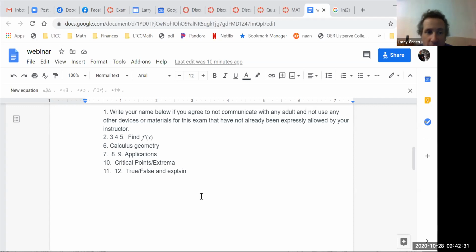So one of those 2, 3, 4, and 5 is going to be an implicit differentiation problem. And that's when you have x's and y's on the same side of the equation. You usually can't solve for x and y, but you know how to do it by taking the derivative of every term. And don't forget product rule and chain rule and quotient rule while you're doing that. So I figured I'd mention that.